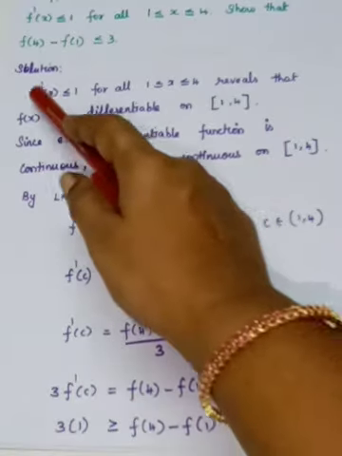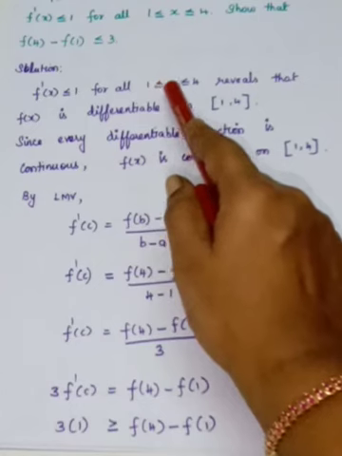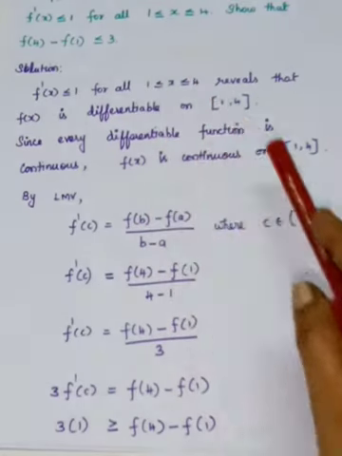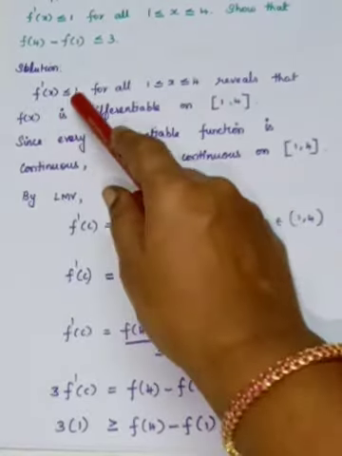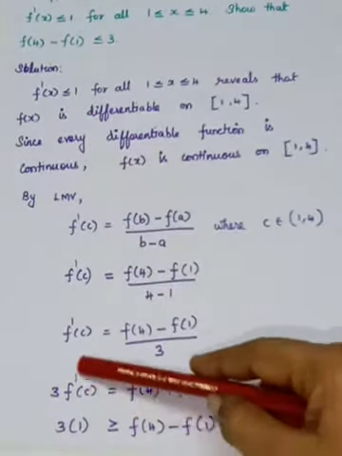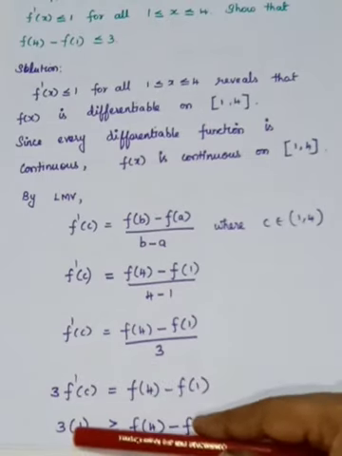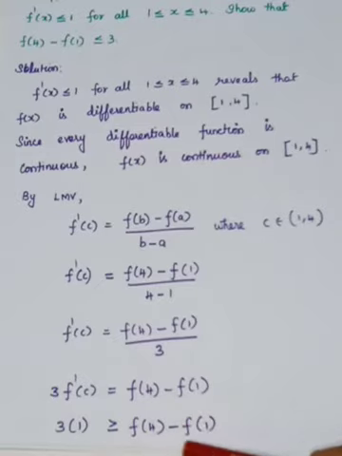So f dash of x is less than or equal to 1 for all x varying from 1 to 4. Here you will see also in the open interval 1 comma 4, we can use f dash of x is less than or equal to 1. So in the place of f dash of c you can substitute 1. So you have to use the symbol greater than or equal to f of 4 minus f of 1. If we substitute 1, it has to be written as 3 is greater than or equal to f of 4 minus f of 1.